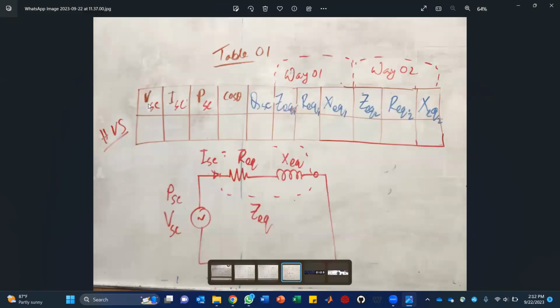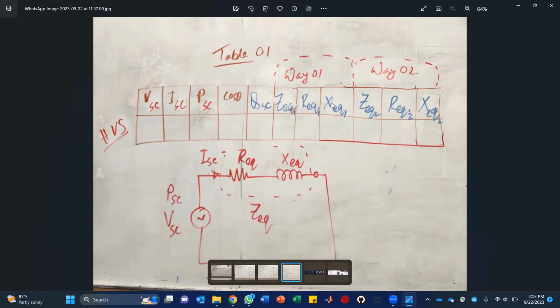So there will be measured values: VSC, ISC, PSC, theta, and cos theta. Then I'd like you to calculate QSC and Z equivalent 1. Why did I put Z equivalent 1? Because it will give you the values using the way 1 equations.